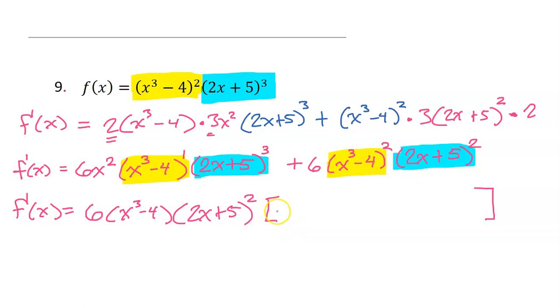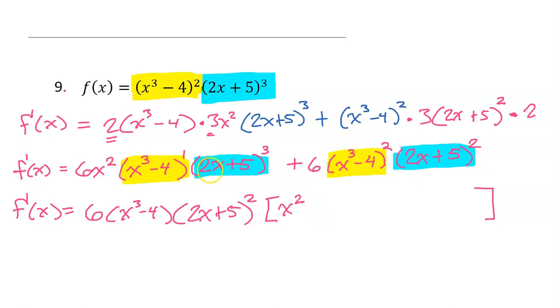To figure out what goes on the inside, I need to divide each term by everything you see here. If I divide by 6, the 6 will be gone. I'm still going to have x squared, so that's going to be there. The x to the third power minus 4 cancels out, so there will be none of that.